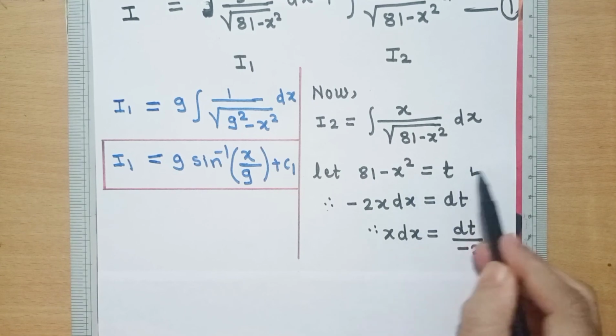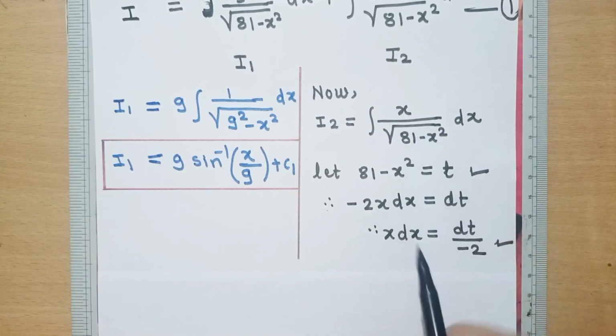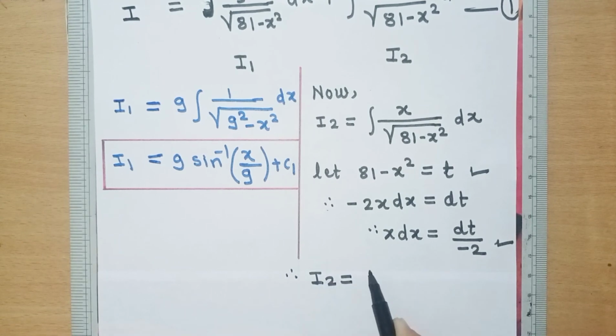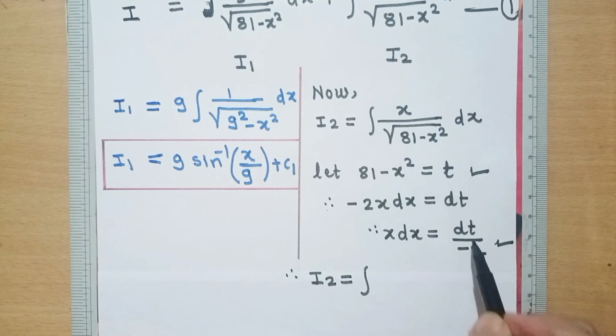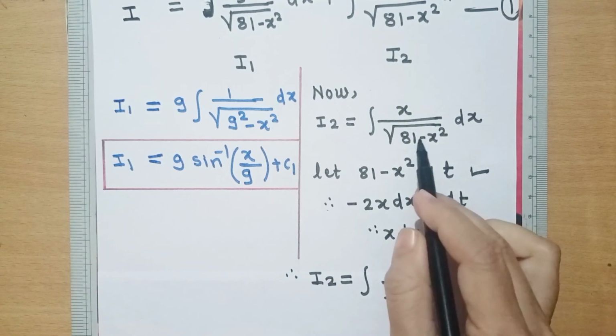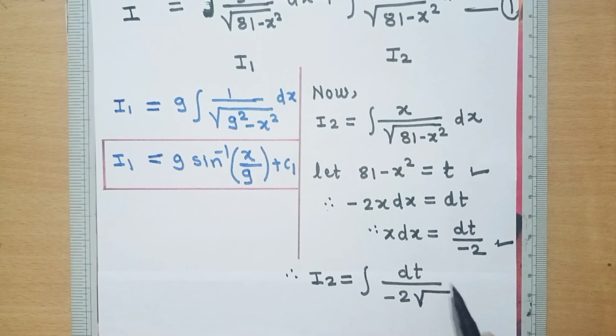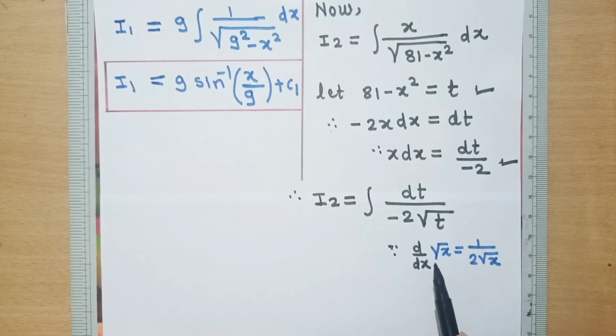And now we will substitute this and this here, and so we have I2 is equal to, now integration x dx means dt upon minus 2, and this means root, and this function means we have assumed t. Again we know that the derivative of root x equals 1 upon 2 root x.